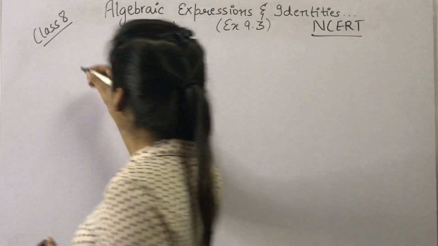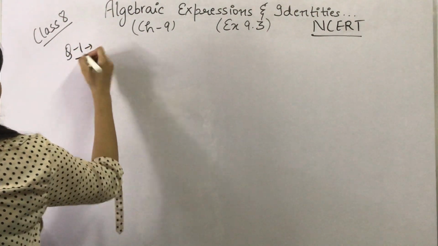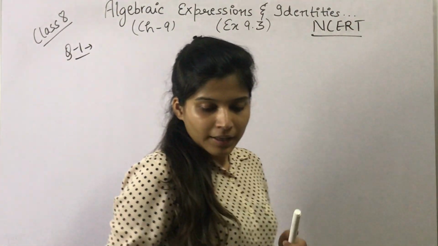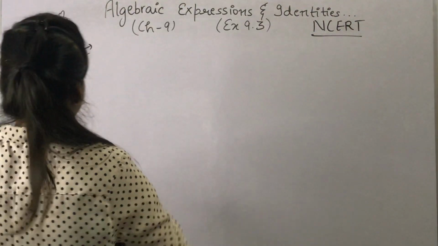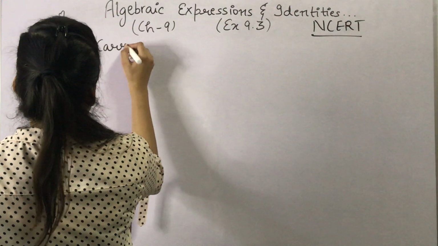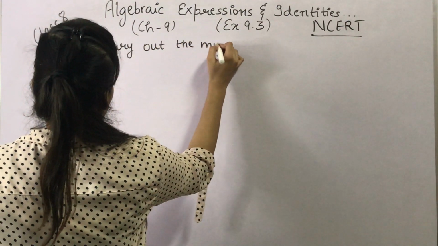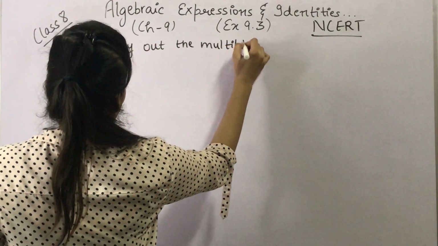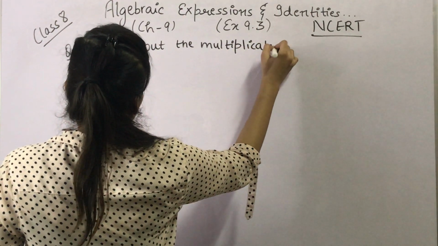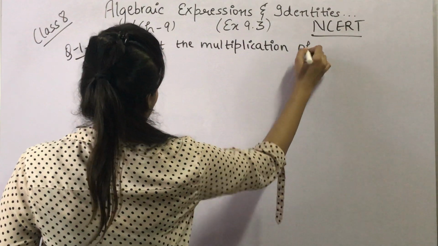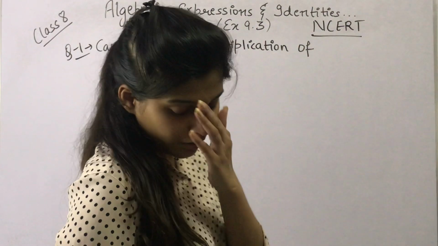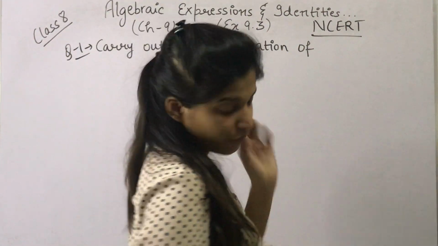Okay, so question number 1 says, carry out the multiplication of the expressions in each of the following pairs.